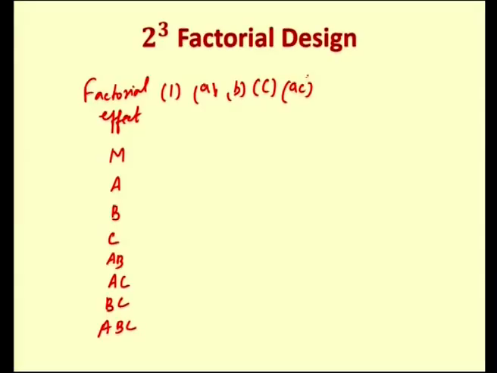The entire analysis of the 2 power 3 factorial design can be summarized in the form of a table called the ANOVA table, and we have now the ANOVA table. As in the other designs, in the case of the 2 power 3 factorial design, the ANOVA table will consist of 5 columns.